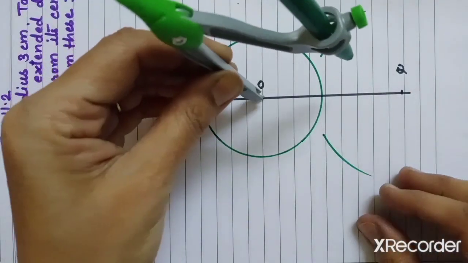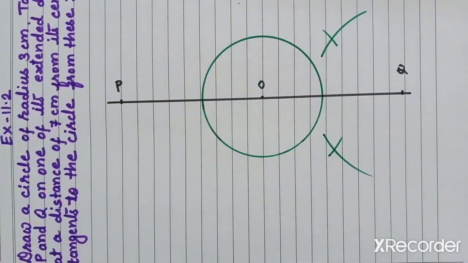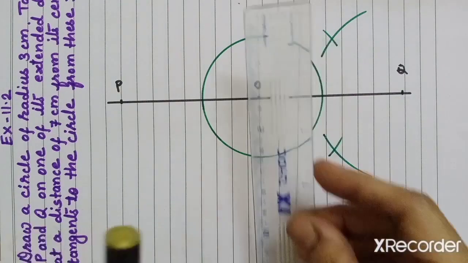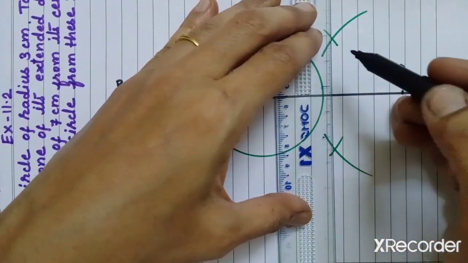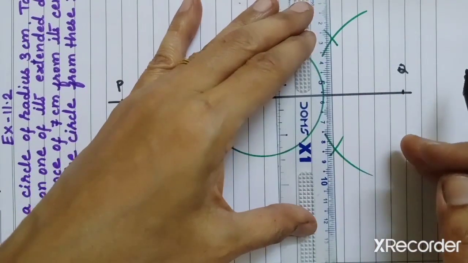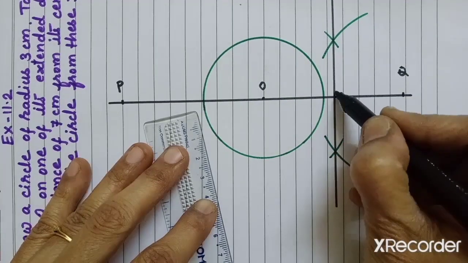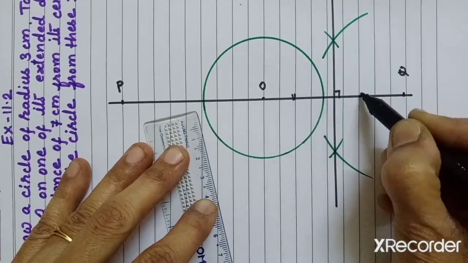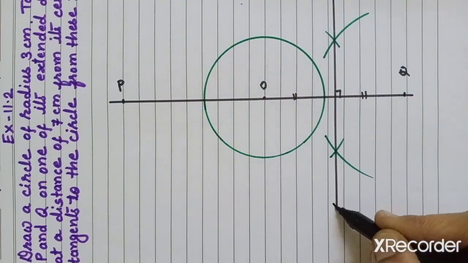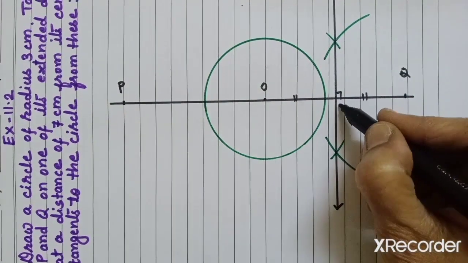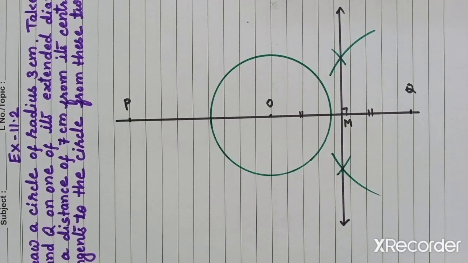Similarly, with O as a center, draw arcs intersecting the previous ones. Now join these intersecting arcs. So this is the perpendicular bisector of OQ.